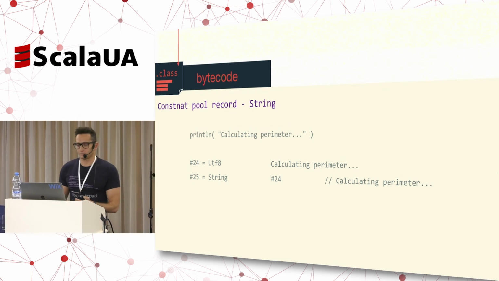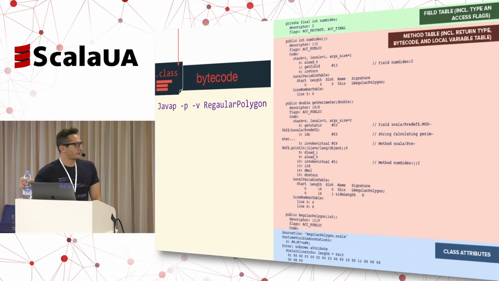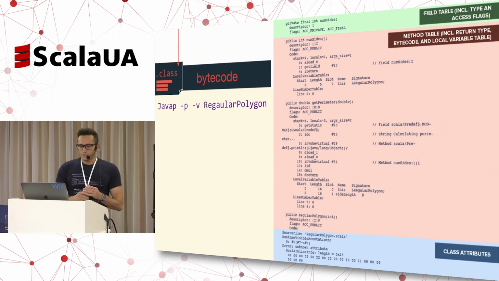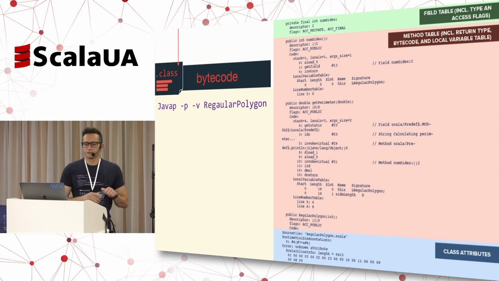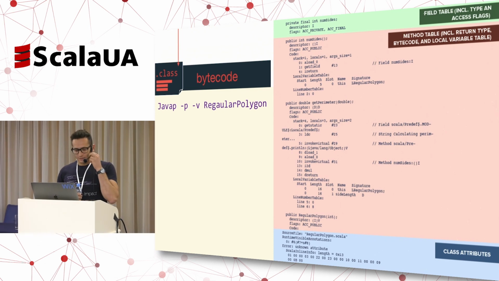So if we continue looking at the class file, we see we have three more sections. The first one is the field table that contains information about each field defined in the class.